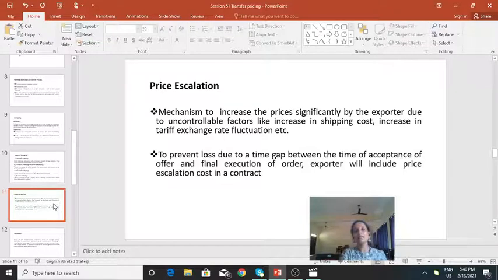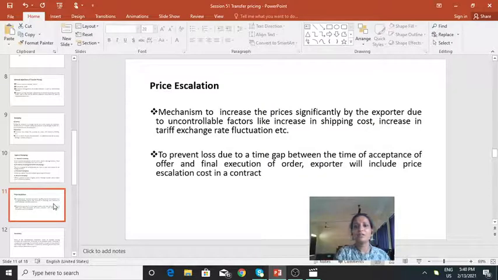And the last one is price escalation. Escalation is nothing but an increase or hike in the price. It is a mechanism by which the exporter increases prices significantly. Why will he increase them? Because of certain uncontrollable factors.